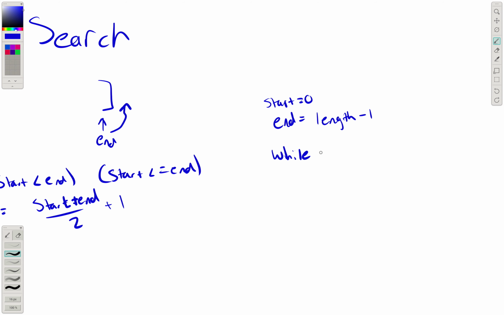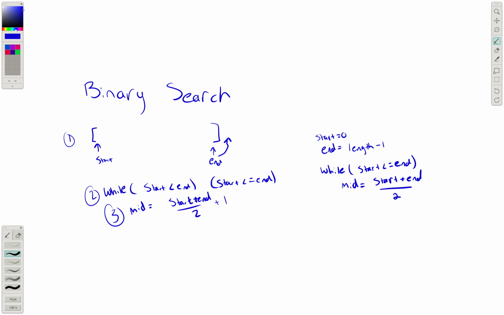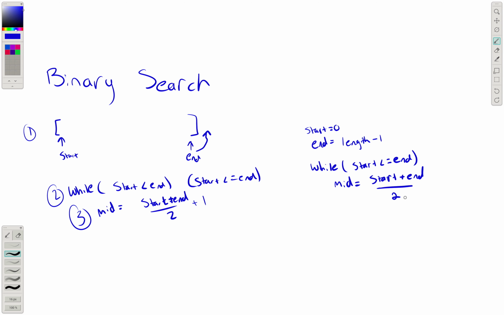I'll show you the one that I use consistently. That's not the only one, and I'll explain what the other ones are doing. I do have a less than or equal to here, and then my mid gets start plus end divided by 2. Okay, so these are the 3 confusing parts.